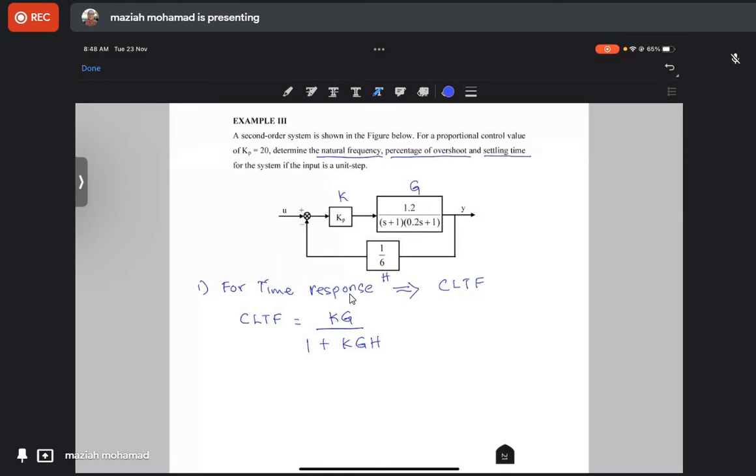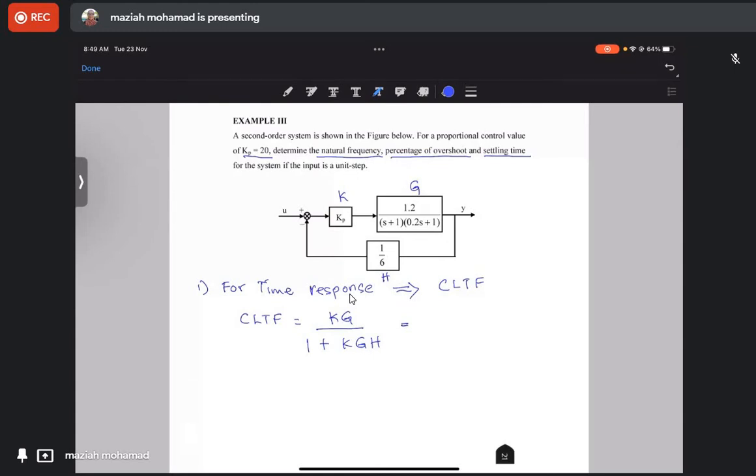By putting the value of K, G, and H into the closed loop transfer function, we can determine the value of zeta and omega n. So let's do that. Let's say Kp is 20. What will be the value? Kp 20 multiplied with 1.2 is 24.